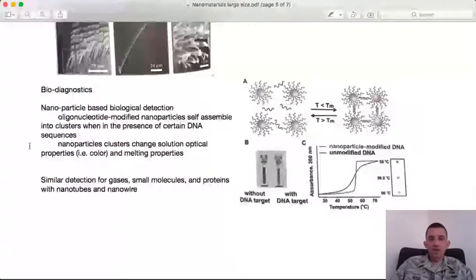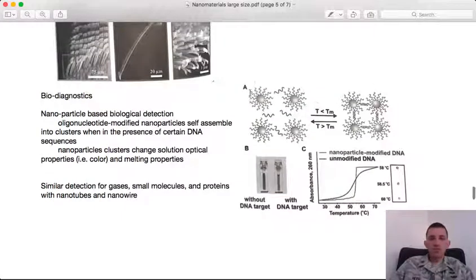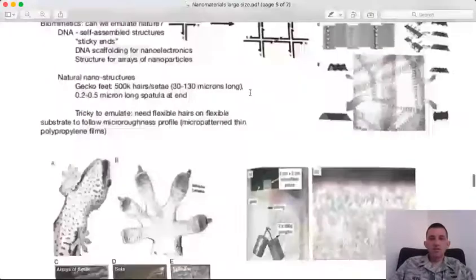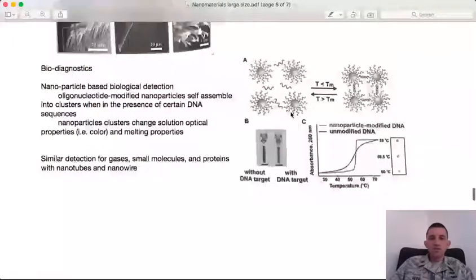You can also take advantage of the sensitivity of nanostructured materials to make easy diagnostics. If you have nanoparticle-based biological detection, you can make use of this natural chemistry and also the optical property changes that we talked about.